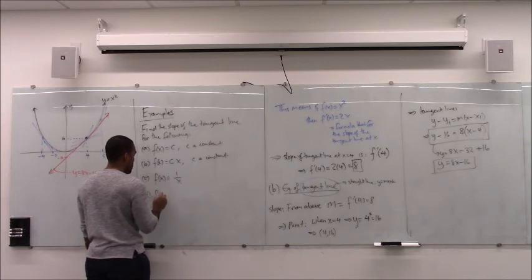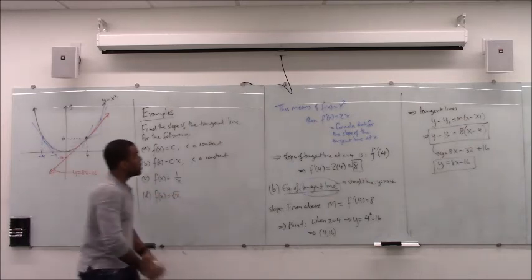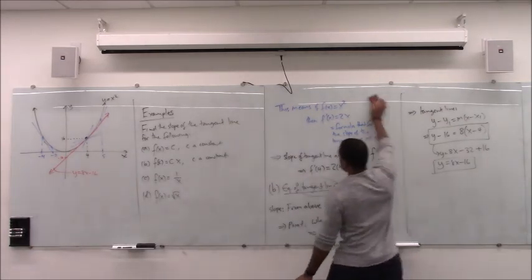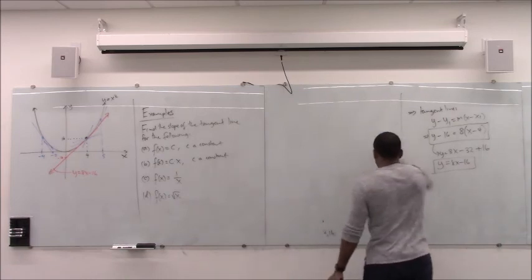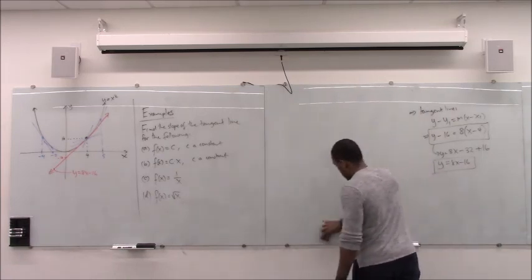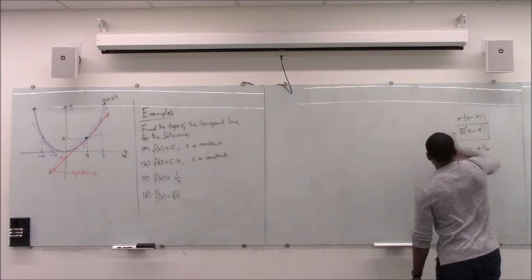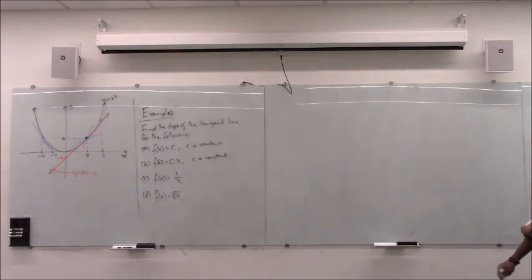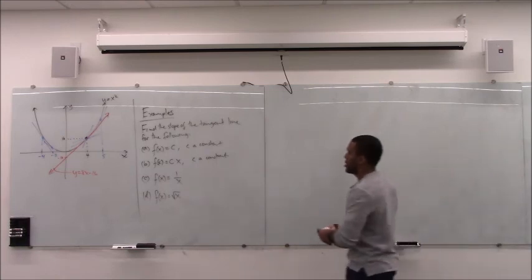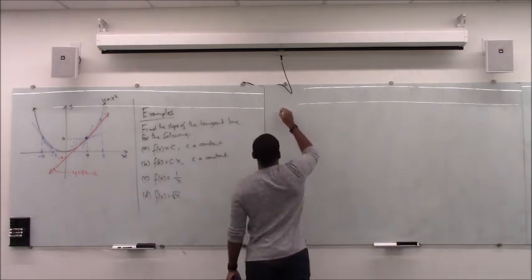Let's say my function is the square root of x. What would the slope of the tangent line be? So A, f of x equals c.